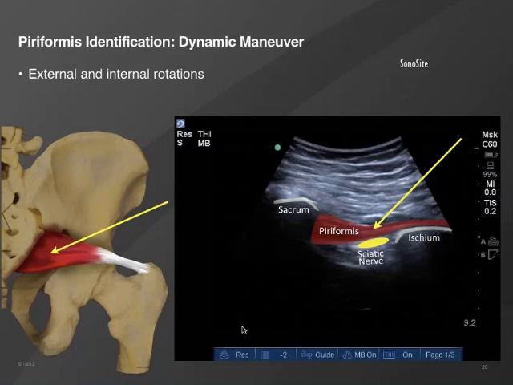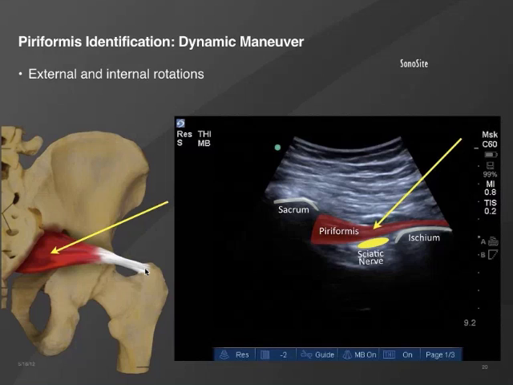Here it is, the piriformis muscle coming out from anterior, moving posterior over the ischium, and ultimately attaching here posterior superior on the greater trochanter. So the proximal portion of this is coming out from in front of the sacrum. It travels laterally right over the sciatic nerve in most people, goes over the ischium, and attaches off the picture at the greater trochanter.